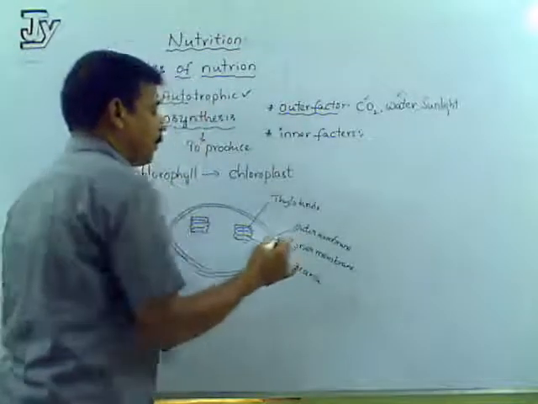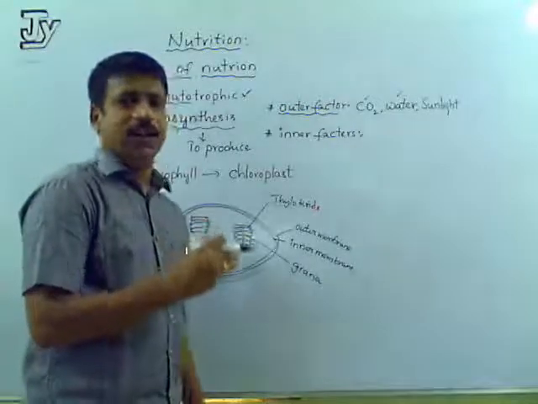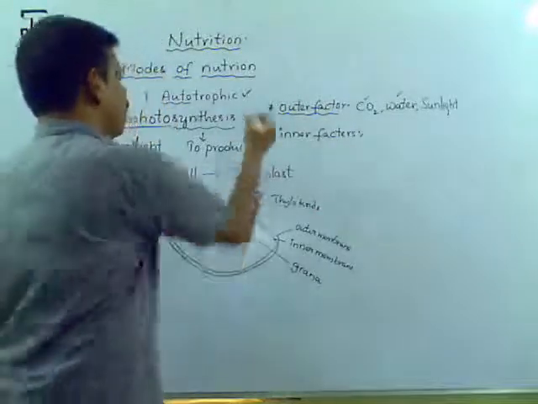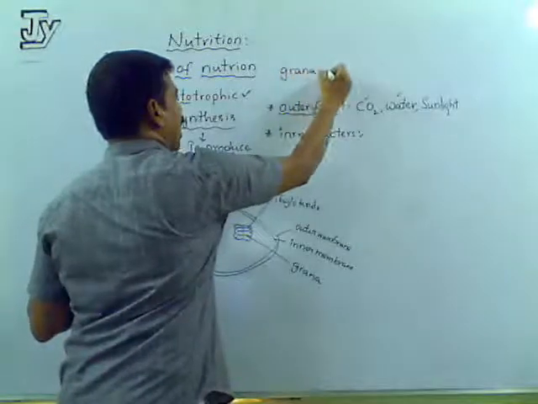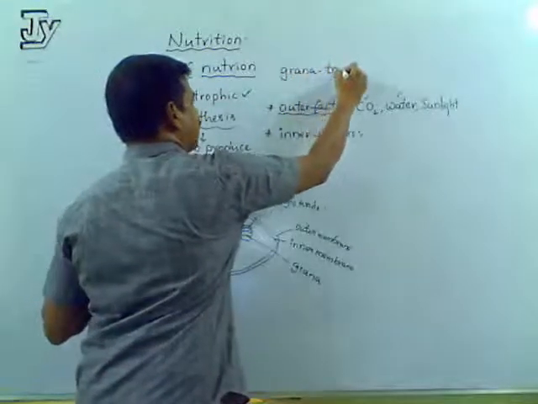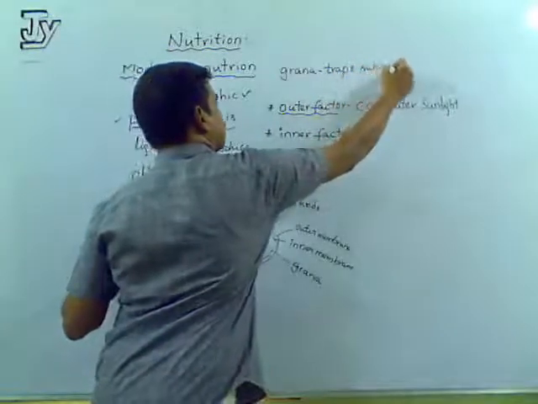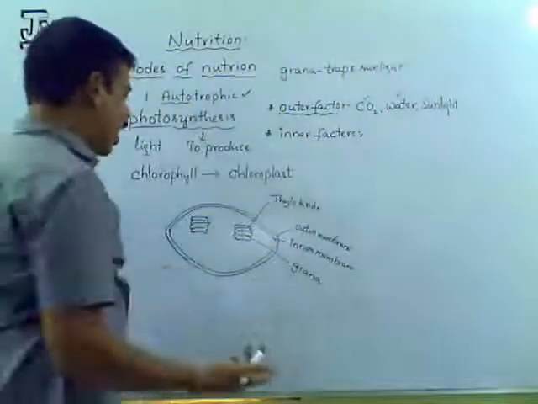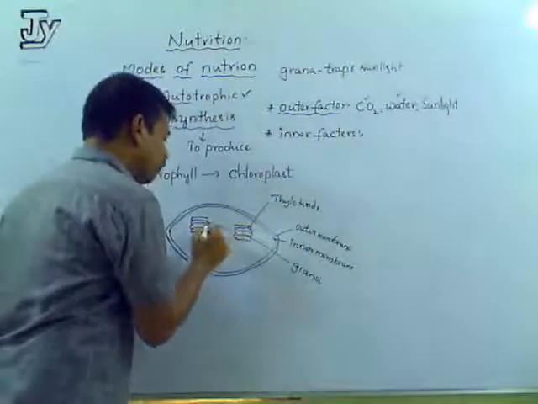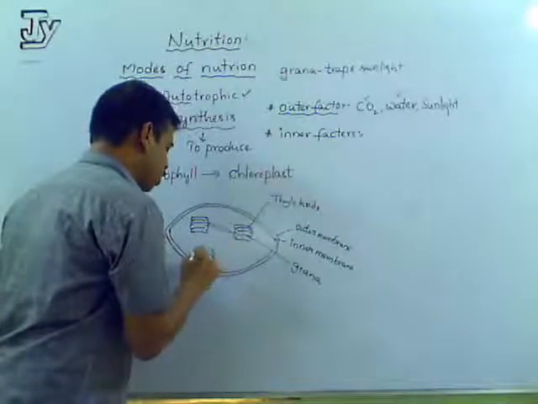So what is the importance of grana? Grana helps to trap the sunlight. So grana traps sunlight, and also a fluid filled portion is seen inside the chloroplast.